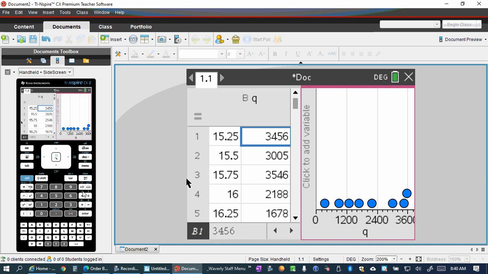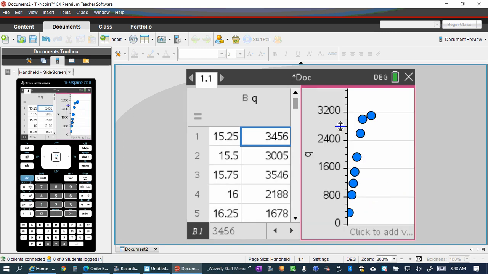You guys know how to use the touchpad to move the cursor around, right? You want to kind of touch over here, click in here, so this vertical axis is going to be our which one? Price or quantity? Put price on the bottom, which by the way is backwards from the traditional study of economics, but they keep it simple for you guys.